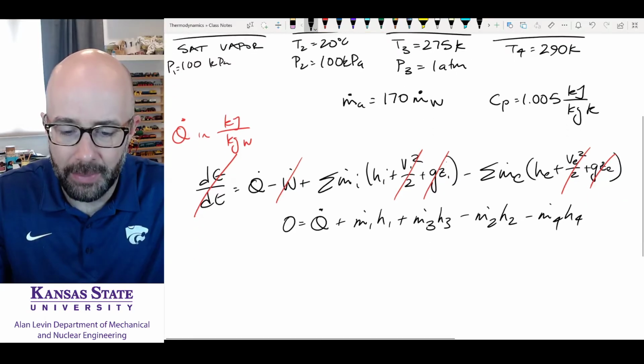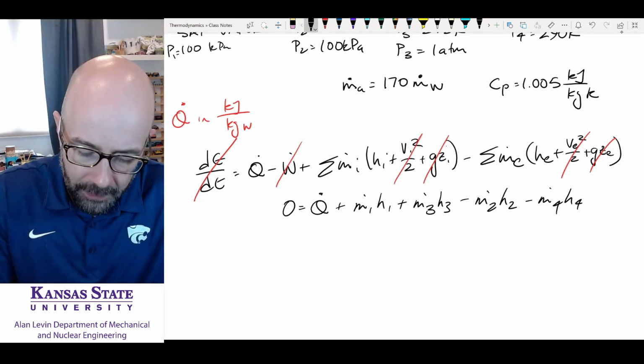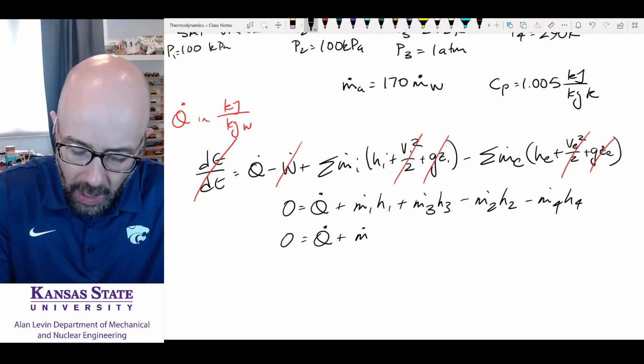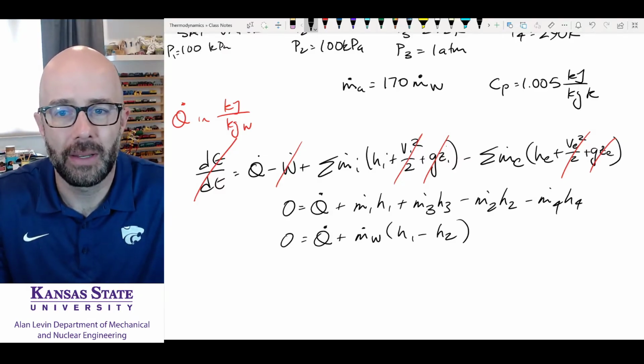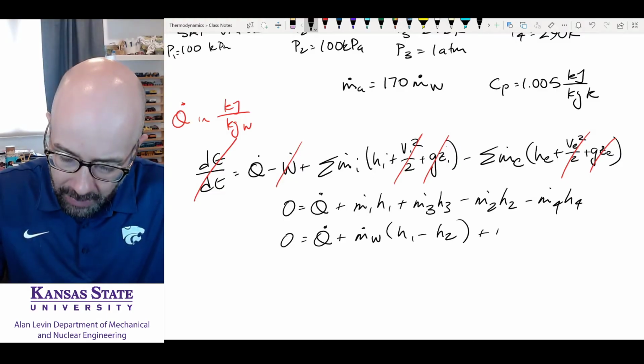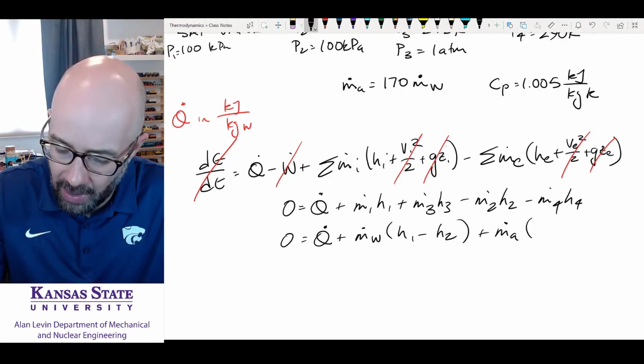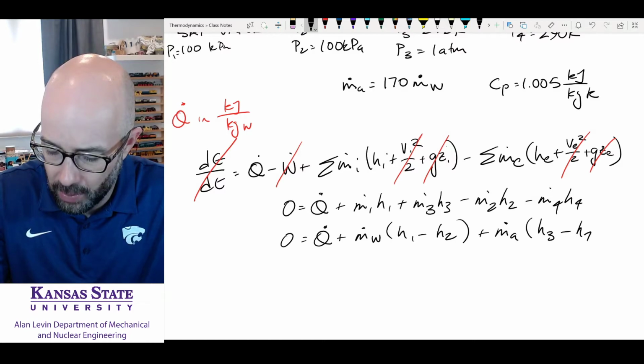And we can do some substitution here because we know that 0 is equal to q dot plus m dot water times h1 minus h2, because we know that h1 and h2 are both water. Water's not leaving, so the mass flow rate of water at 1 and 2 is going to be the same. And then we also know that mass flow rate of 3 is mass flow rate of air. That can be h3 minus h4.